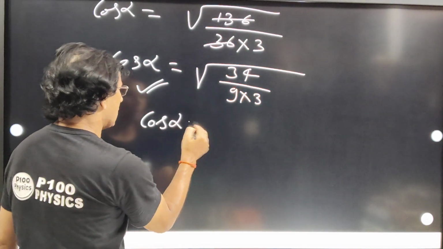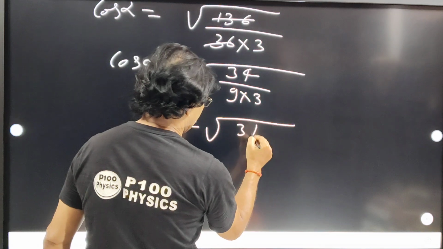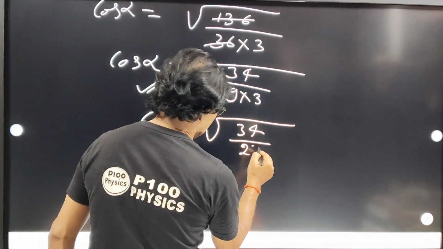Therefore cos alpha equals under root 34 upon 27.